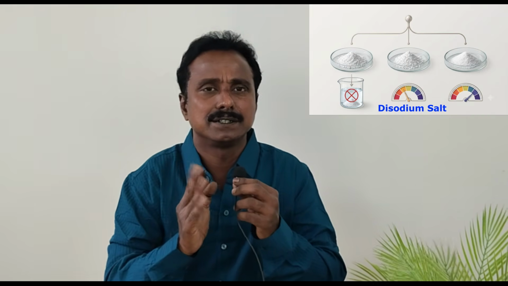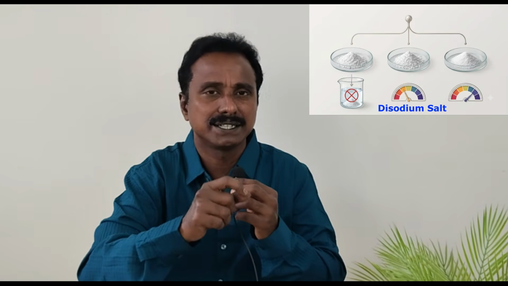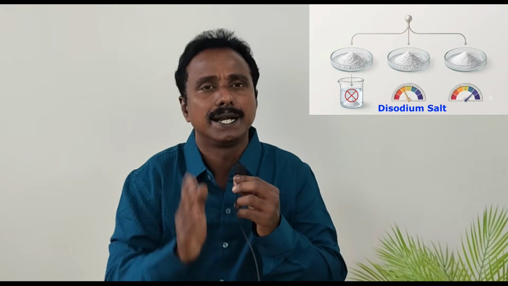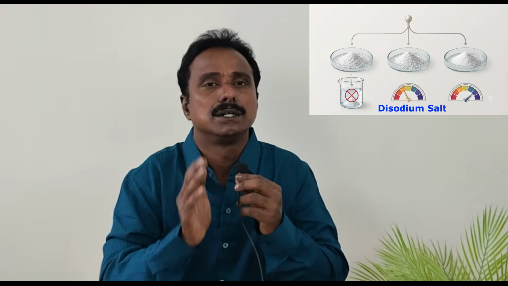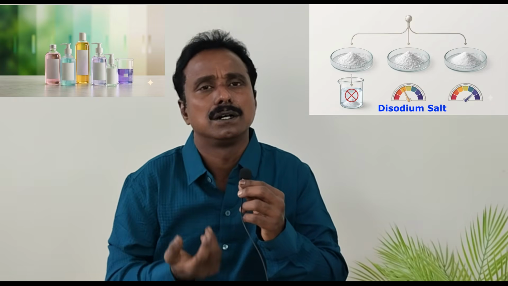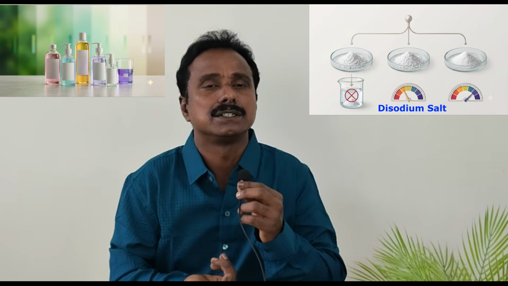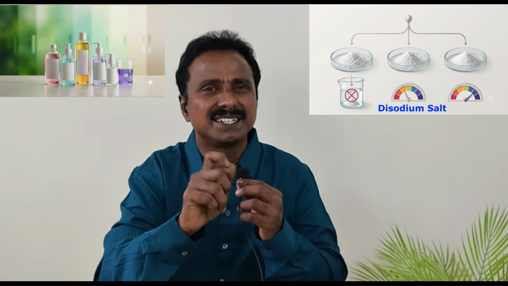For some cleaning products, exactly speaking, if the pH is less than 7, for acidic products, disodium salt is preferable. In the case of hand wash gel, body wash lotion, hand sanitizers, soap, shampoo, the pH will be less than 6.